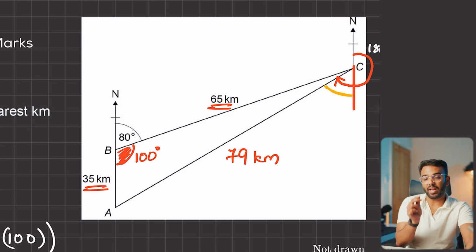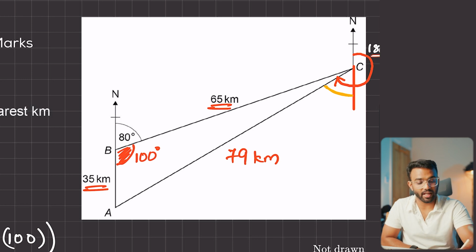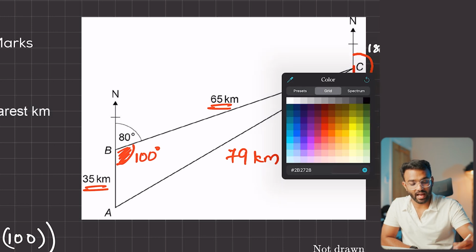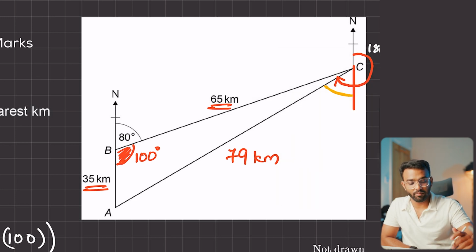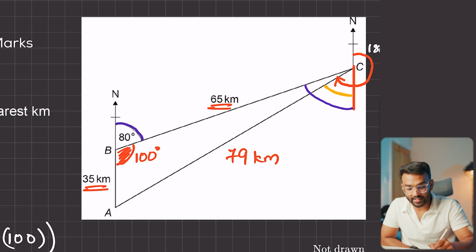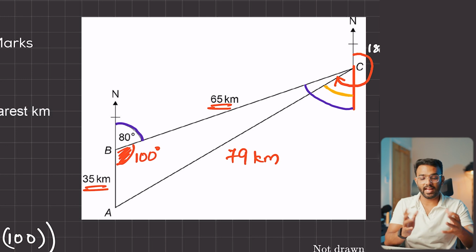So that would be the bearing of A from C added with that 180. But how do we work that out? In order to work that out, we got to consider the total angle here. And what I'm doing, the total angle here, the purple angle is going to be 80 degrees because it is alternate angles.